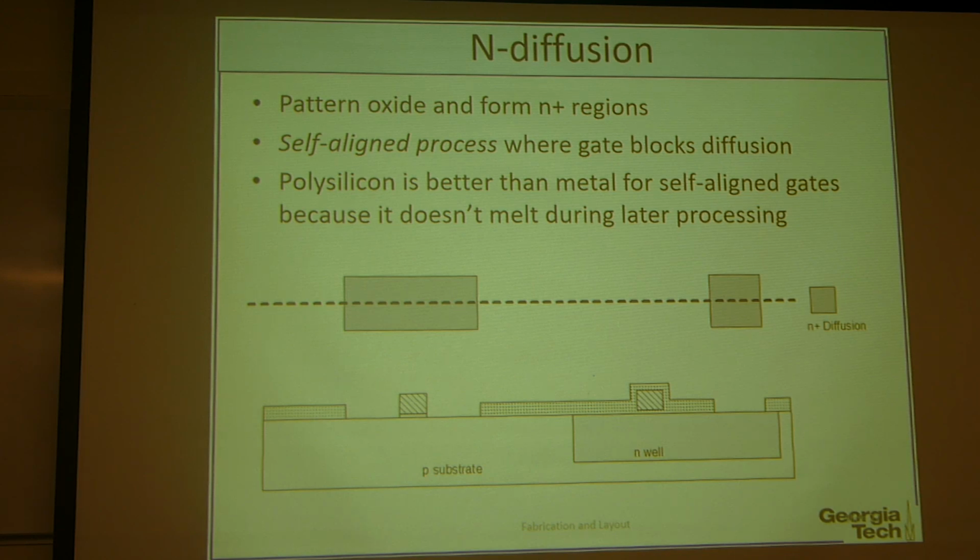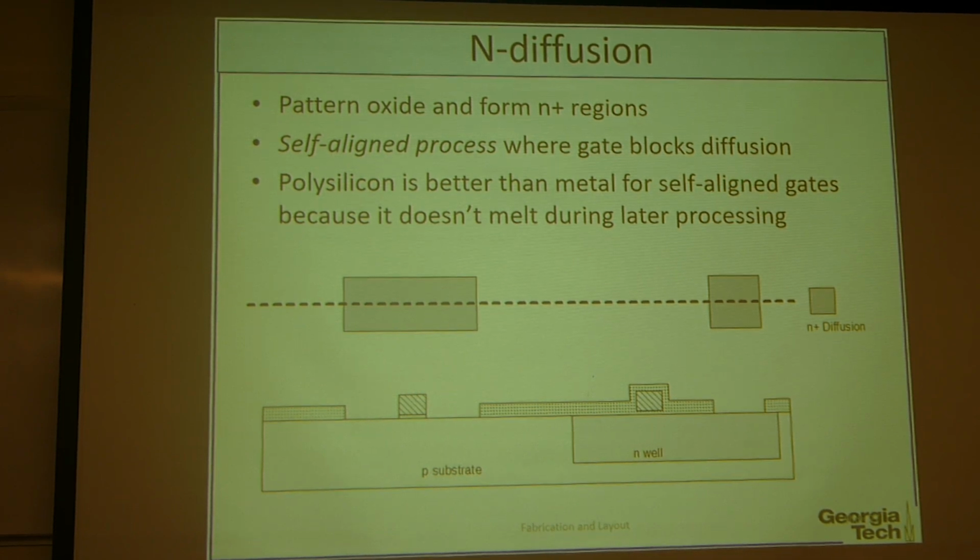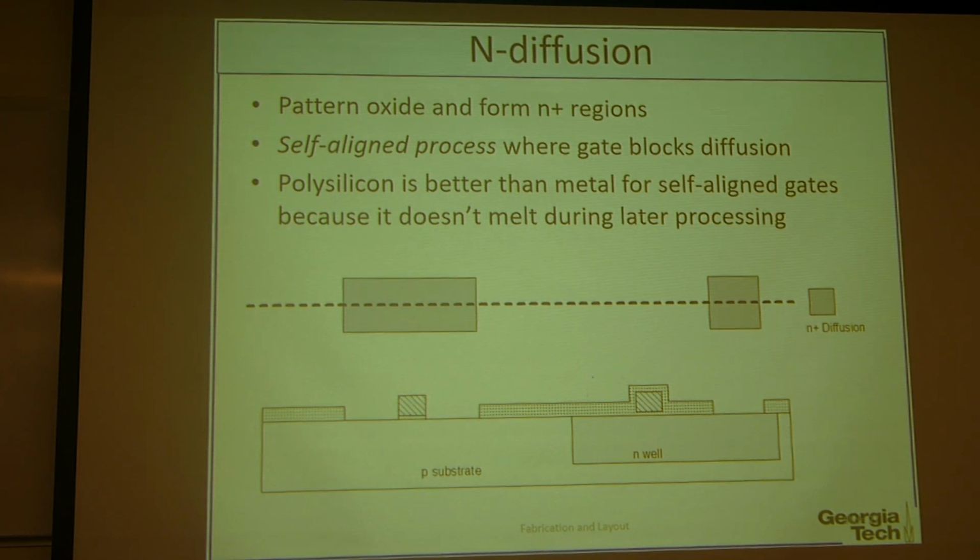So we normally use this self-aligned process. But for the metal, we cannot use this self-aligned process because after the self-alignment process, we need to heat it up to make the source drain junction conductive. But this heat would make the metal melt down. So only the polysilicon gate is available for the self-aligned process.